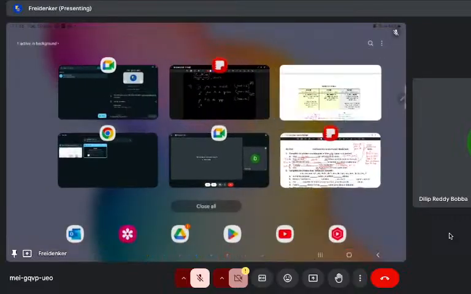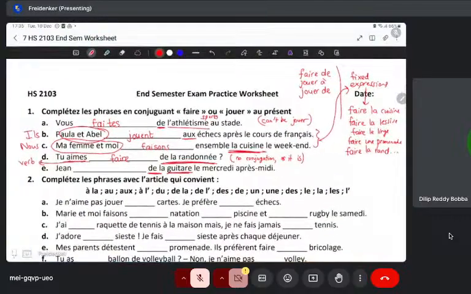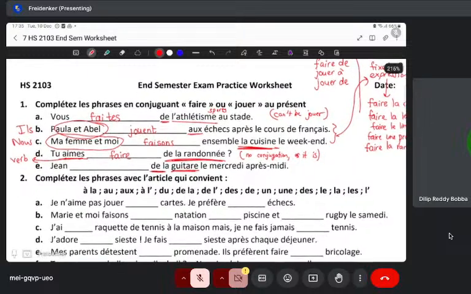But if you go deep into French, you will use faire if you're doing it more regularly, and you will use jouer if you're not doing it regularly. Since here it looks like this person does it regularly, I will use faire, or else you can use jouer also. There is no problem, both of them are correct.